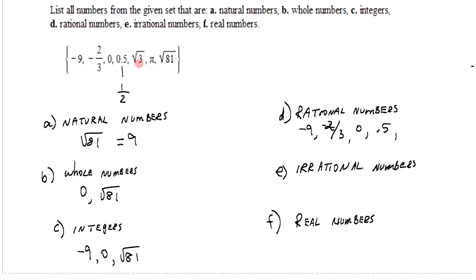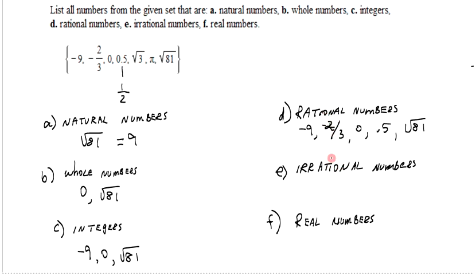The square root of 3 is not. That was one of the irrational numbers, so was pi. So then we got the square root of 81. Notice as I go down the list here, everything that was in the previous set goes into the current set. So square root of 81 went into this set, and these two went into the set of integers, and these three went into the set of rational numbers.